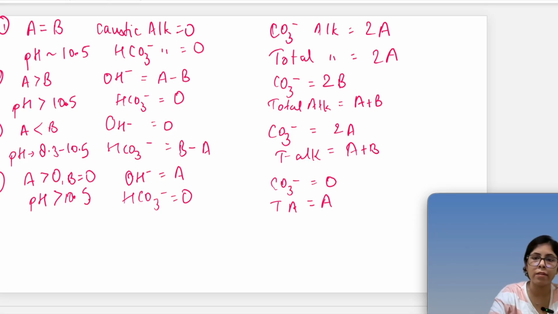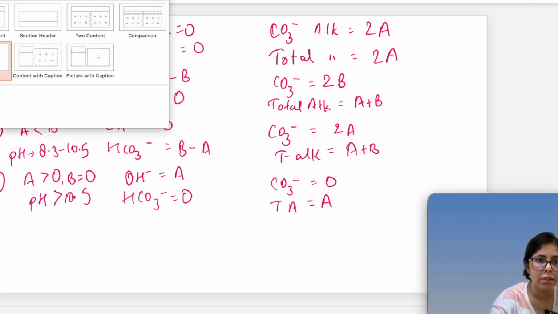In terms of calculating the alkalinity, now I have some basic things that we should know to calculate alkalinity and to do any numericals. So let me have a new slide.